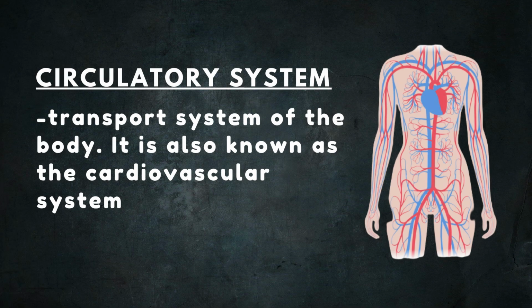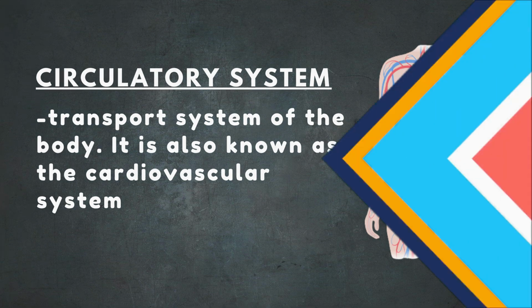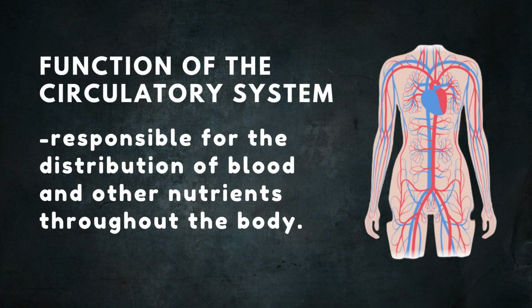The circulatory system is the transport system of the body. It is also known as the cardiovascular system. The circulatory system is responsible for the distribution of blood and other nutrients throughout the body. It carries food, oxygen, and water to all your body cells.